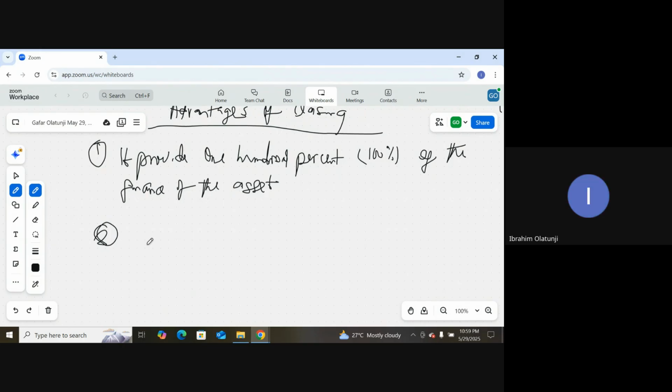I'm not buying it. In this case, are you the owner or the lessee? I'm the lessee. They are not selling it to me; I want them to lease it for me, right?